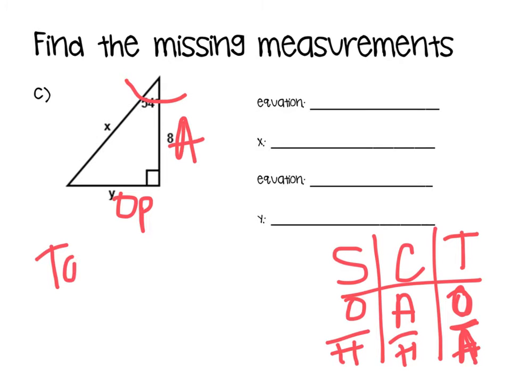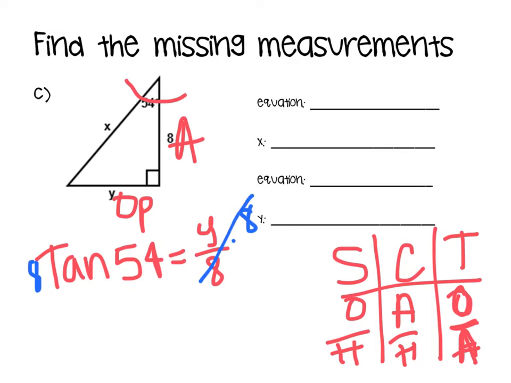So the tangent of 54 degrees is equal to your opposite, which is y, over your adjacent, which is 8. To solve this one, we multiply by 8 on both sides. So our equation is 8 times the tangent of 54. Now, if we plug that in our calculator, just like we've been doing, we'll get 11.0111.